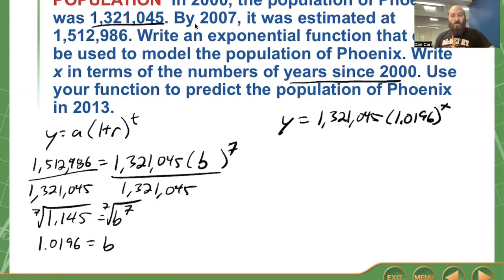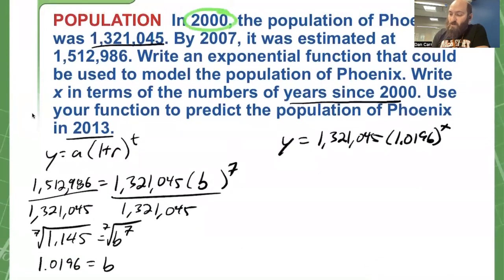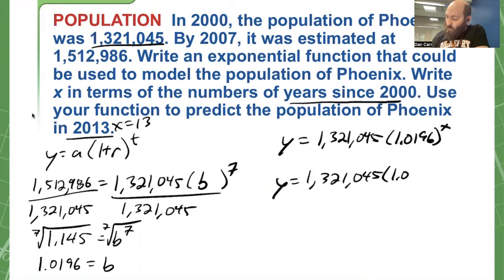Okay, so what that means from there is I'm going to use that to determine in the year 2013, what's the population? Well, if we're going off of years since 2000, that means my x value here is 13. So now I just use this equation, do 1,321,045 multiplied by 1.0196 raised to the 13th power.